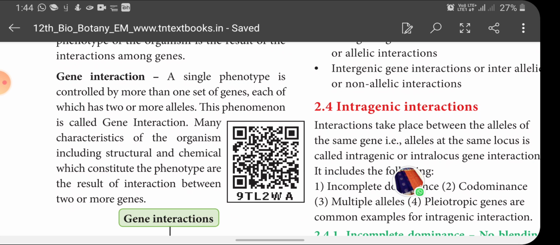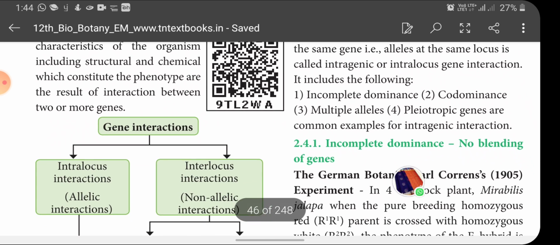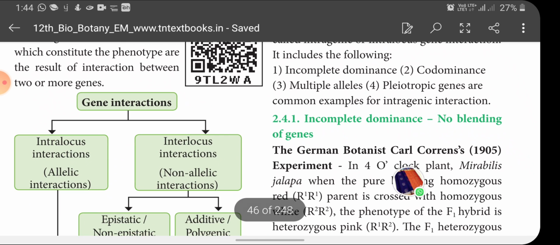Many characteristics of organisms, including structural and chemical, which constitute the phenotype, are the result of interaction between two or more genes. Gene interactions: one is intralocus interaction, which is called allelic interaction.